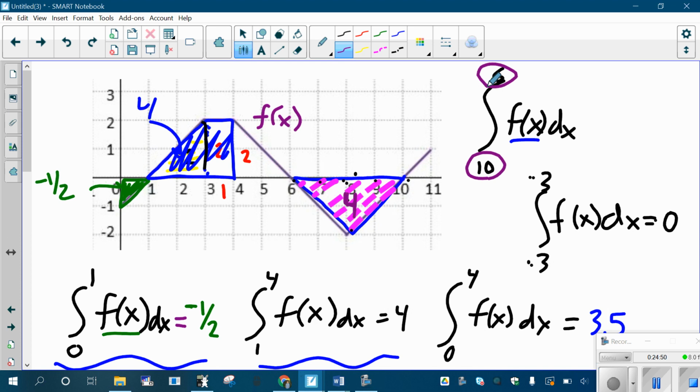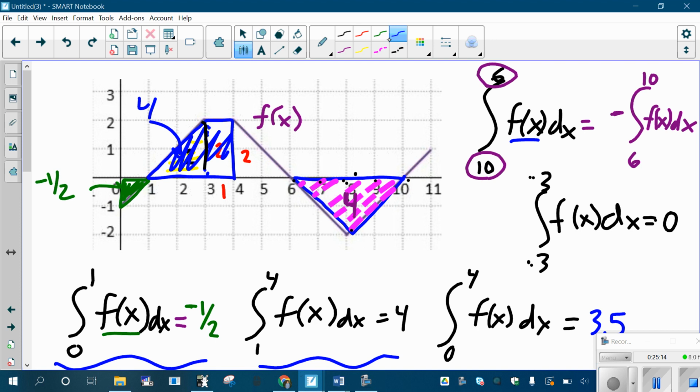So if you want to write out a little bit of work, I might say, wait. If I rearrange the bounds and put them in the right place, then it's going to be the opposite of that. Okay? That's one of our properties. Next, the area actually from 6 to 10 itself is negative because it's below the x-axis.